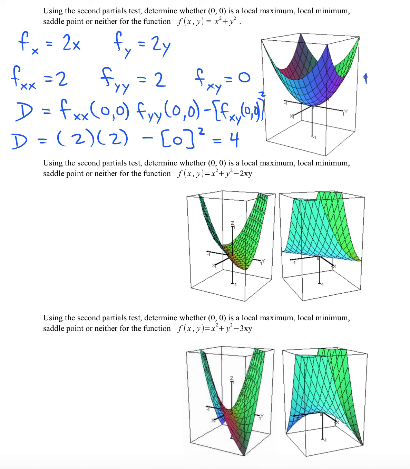Notice that for this first one, D is greater than 0, and fxx is greater than 0 as well. Because of this, we have a local min.